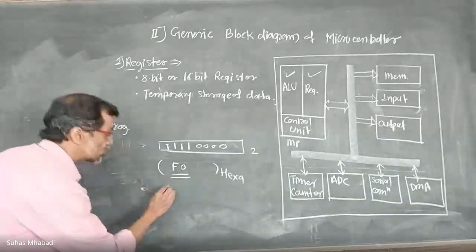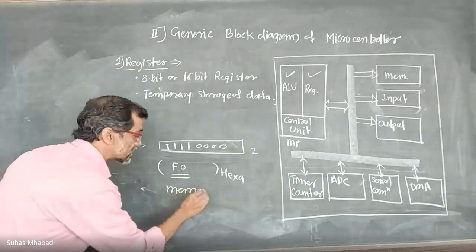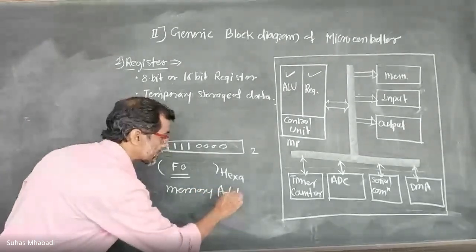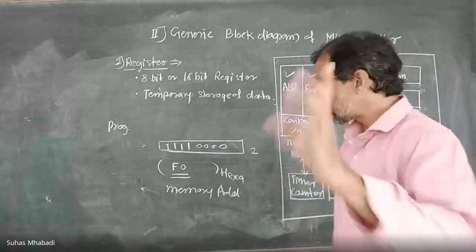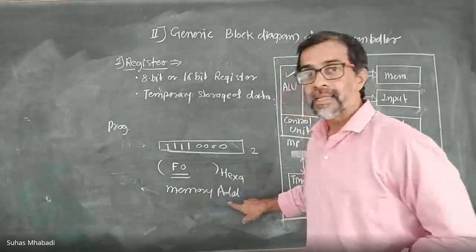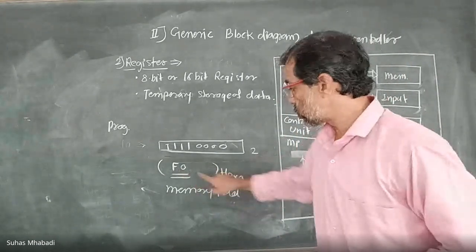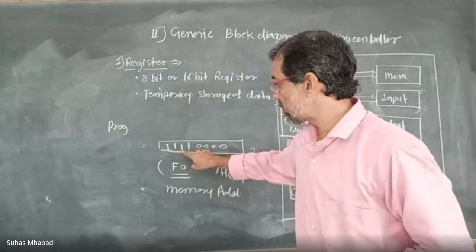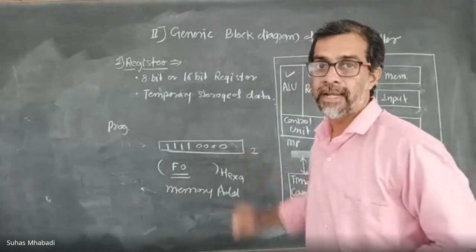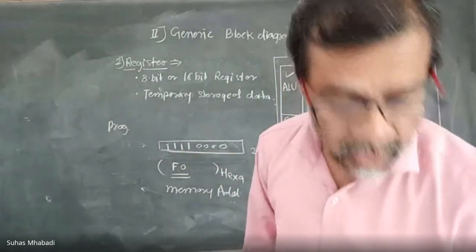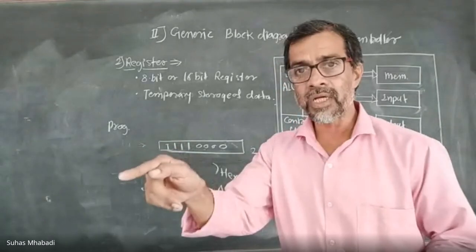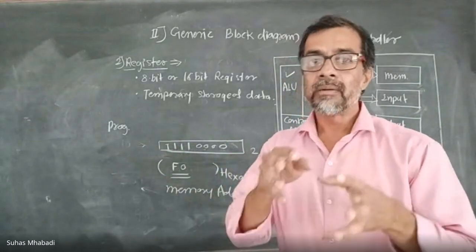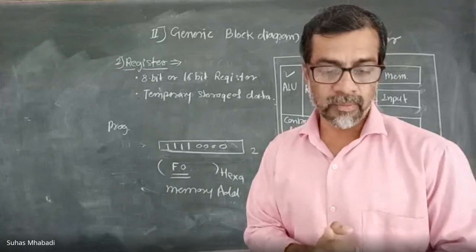Yes, this is known as a memory address. So they will point out that you want to communicate with the memory address F0 hex, which is 11110000 in binary format. So the register works as a memory pointer to point out the memory location with which the microcontroller wants to communicate.